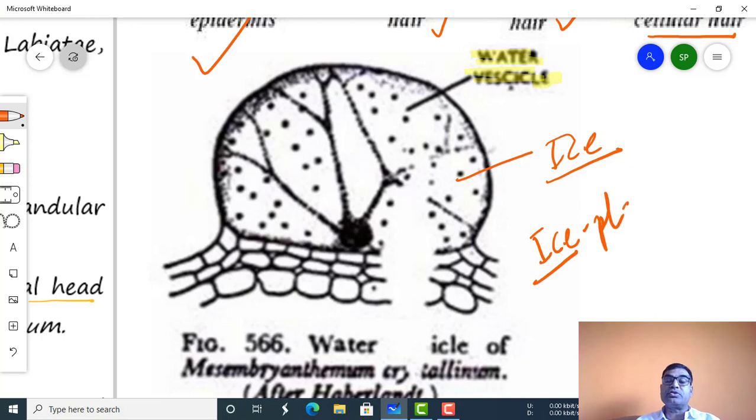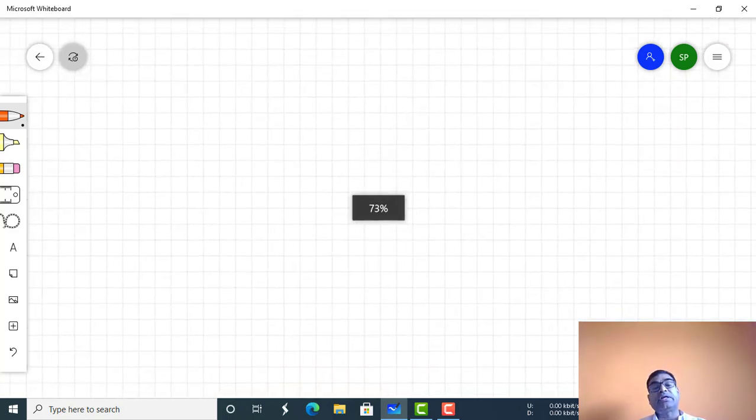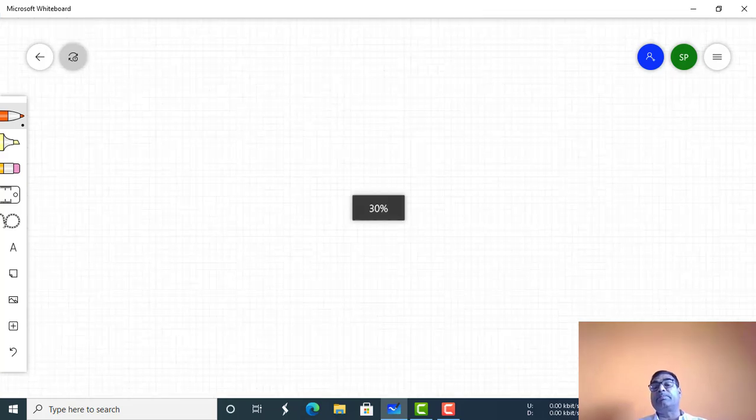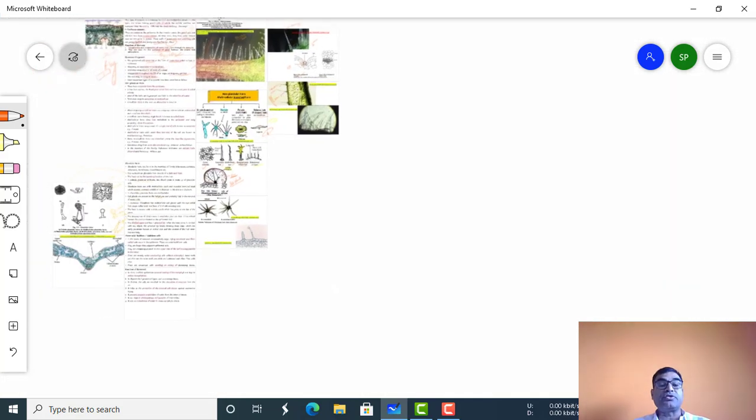So such plants are called ice plants. As the epidermal cell stores the water, this water forms the ice. Okay, so these plants are called ice plants. Water vesicles, Mesembryanthemum crystallinum is an example of these ice plants.